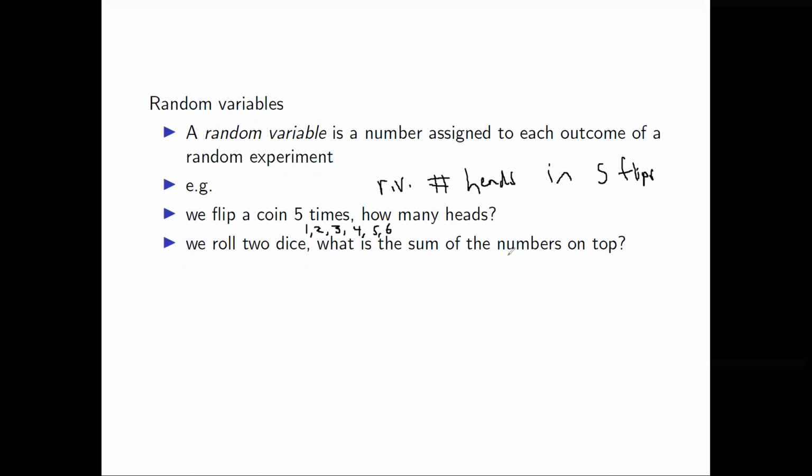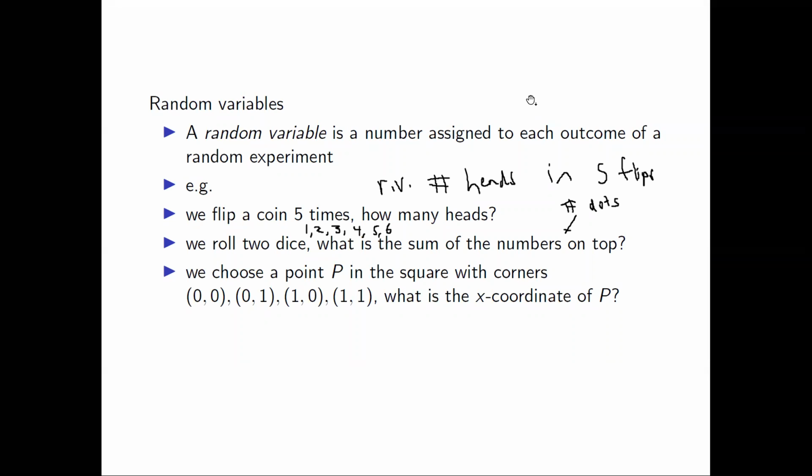But when I say number, I mean the number of dots. So I'm using the numbers as a shorthand for number of dots. So our random variable there is just the sum of the numbers of dots on the top of the 2 dice.